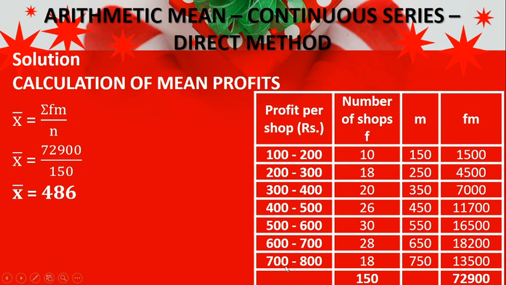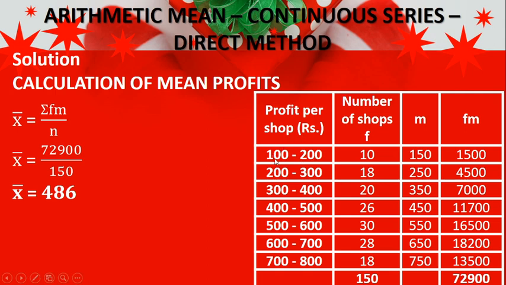So the x values are there and the number of shops, that is the frequency. Here we have x bar, the mean, is equal to sigma fm by n. F is the frequency. M is something new to you. M is the midpoint of the class interval.